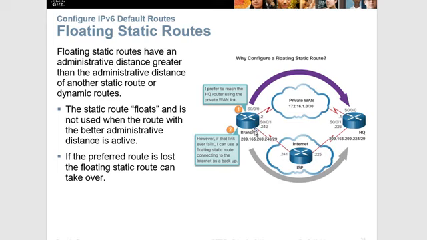You also can configure a backup route, which is a floating static route that will kick in just in case this link goes down. Okay, to create that, you need to create a route with a higher administrative distance than a normal static route, and that's very easy to do.